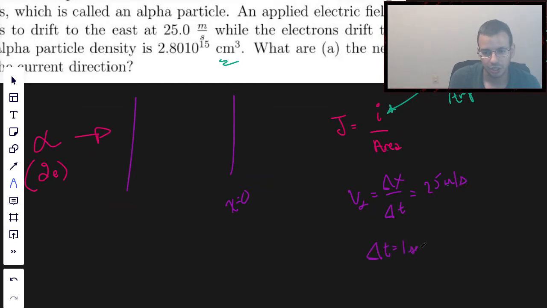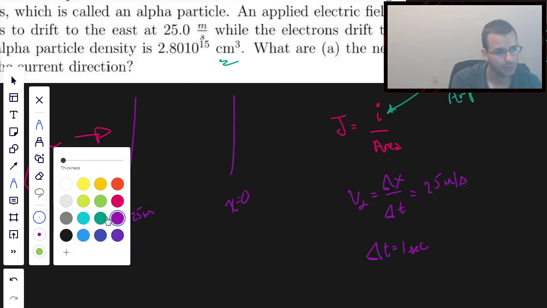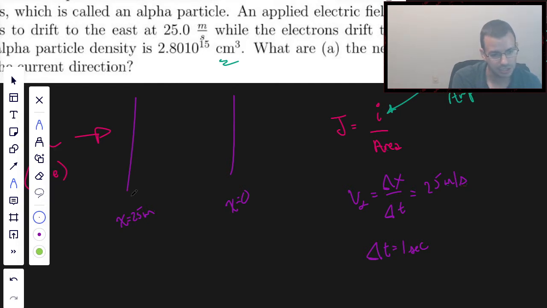Well, what that means is that if this is x equals 25 meters, then since the charged particles are moving at 25 meters per second over a period of 1 second, every particle that was within 25 meters, this distance right here, will have crossed over this imaginary line that we made.